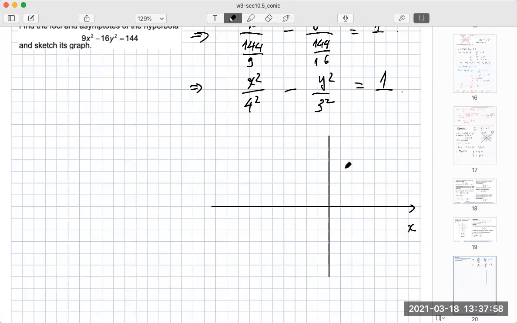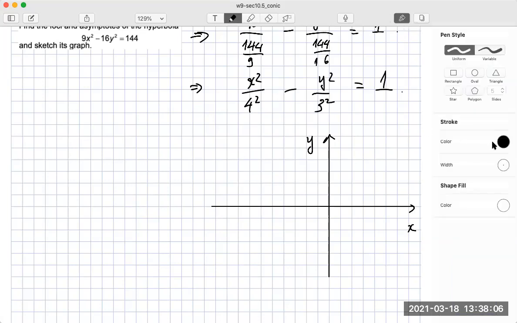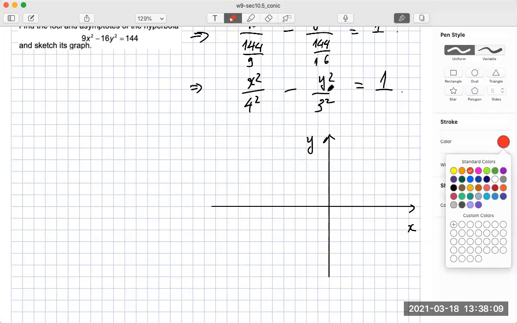Sketch the graph. So when y is equal to 0, x will be plus or minus 4, right? So it should be somewhere here.